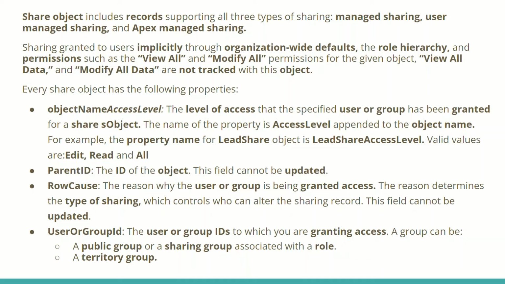This field cannot be updated because it is automatically populated. Row cause: the reason why the user or group is being granted access. The reason determines the type of sharing, which controls who can alter the sharing record. This field cannot be updated. User or group ID: the ID of the user or group to which you are granting access, like the ID of that particular user, queue, or group.